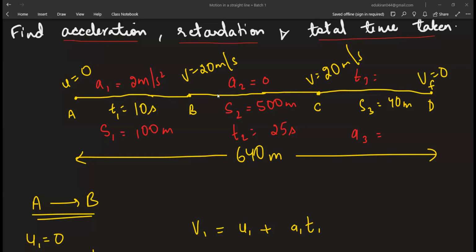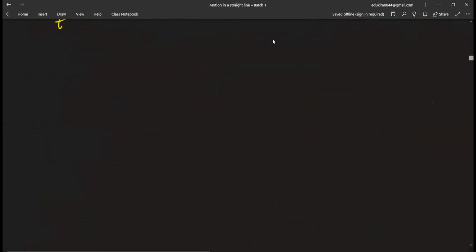So, this will act as the initial velocity for this third part, correct? This is already the final velocity. Here we have the distance already. So we have to find out what is the acceleration and time. So last part is from C to D.